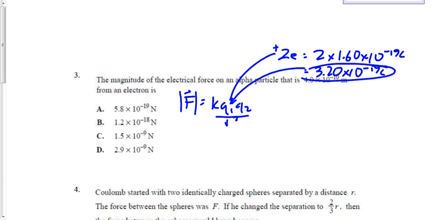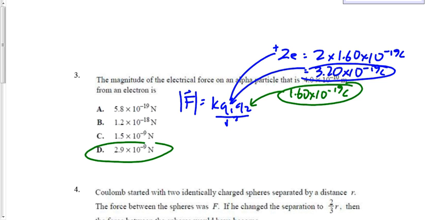And the charge of the electron is 1 times the elementary charge, so it's just 1.60 times 10 to the minus 19. Shouldn't it be negative? Well, it is negative, but we always drop the sign of the charge when we sub them into an equation. So we're just going to say positive 3.2, positive 1.6. That gives us an answer. I believe it was D, isn't it? You guys get D? Yeah, good.